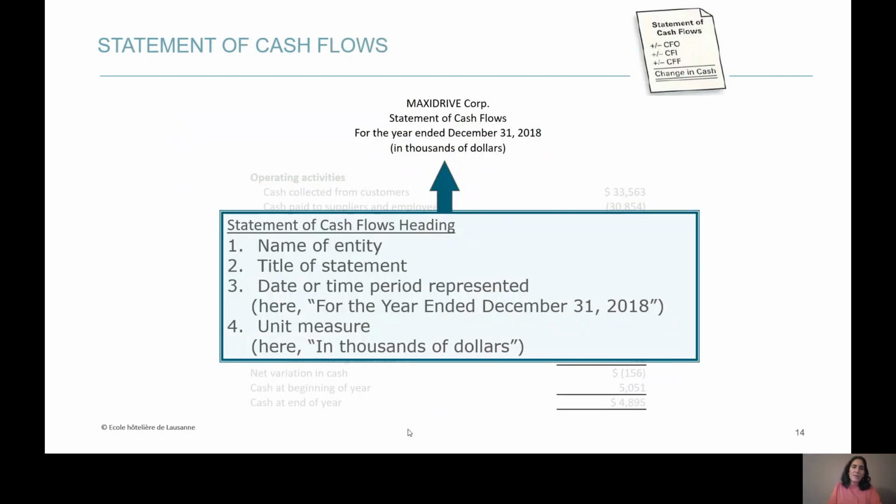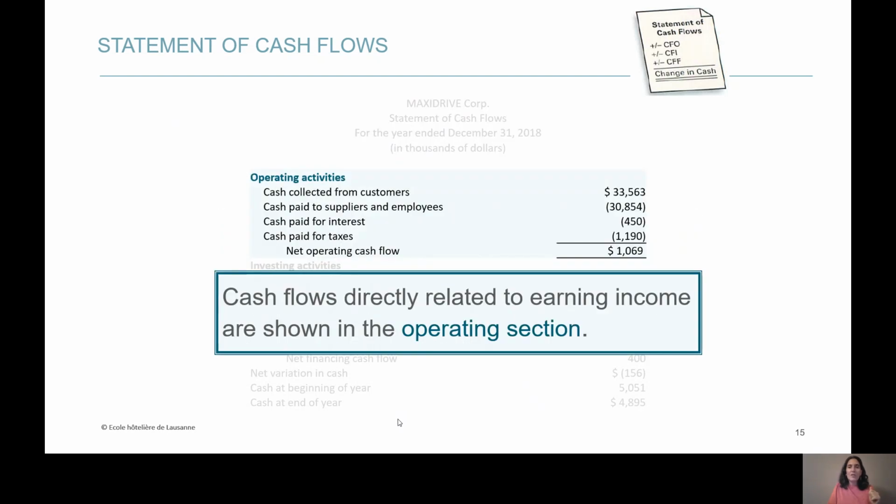You have here the cash flow statement one more time with the heading, with the 4 elements as usual. The cash flow statement is prepared for a period of time, unlike the balance sheet, which is prepared at one point in time. You have each section presented separately in these following slides.